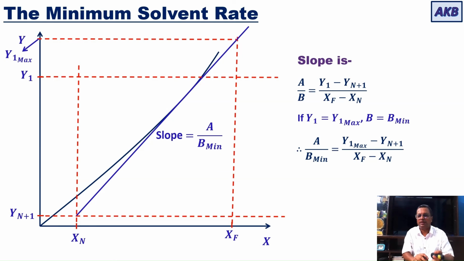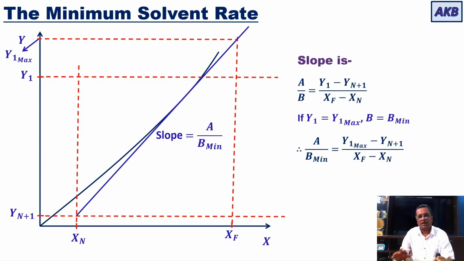First we learned how to write the material balance, then how to get the equation for the operating line, how to plot the operating line on the equilibrium diagram, then how to find the number of equilibrium stages, or you can say number of ideal stages or theoretical stages, then how to get the minimum solvent rate that can be used in such multi-stage countercurrent liquid extraction.